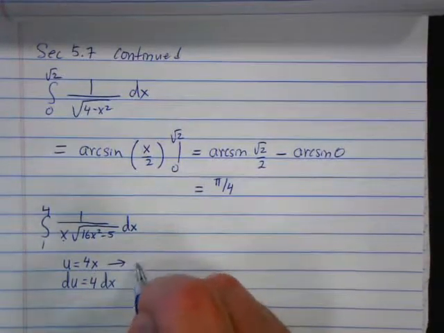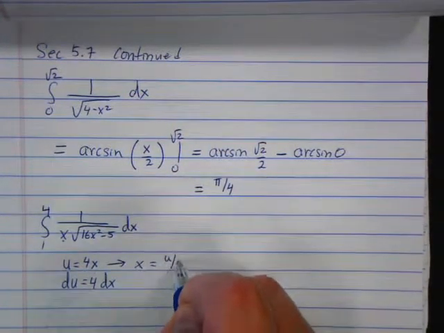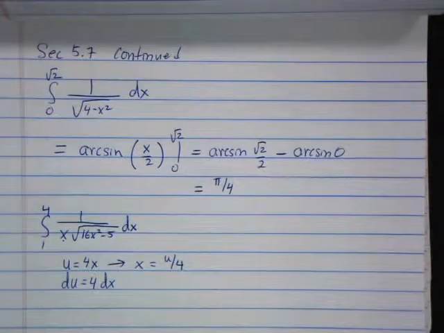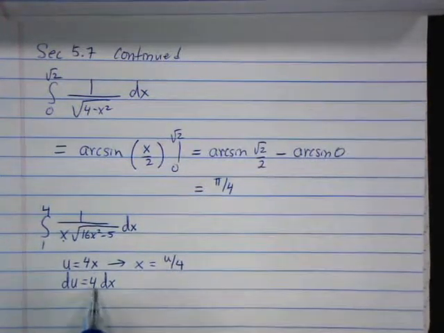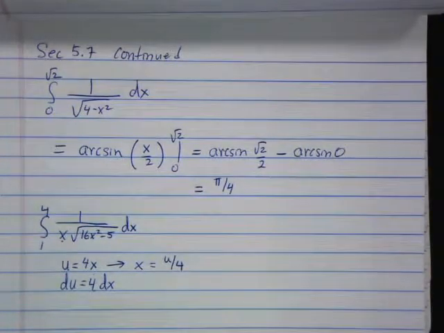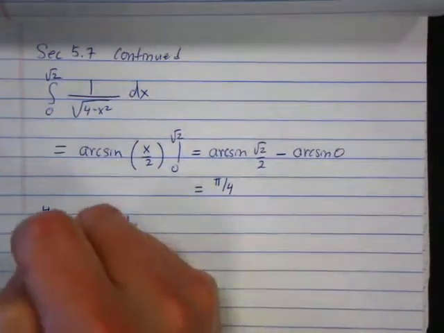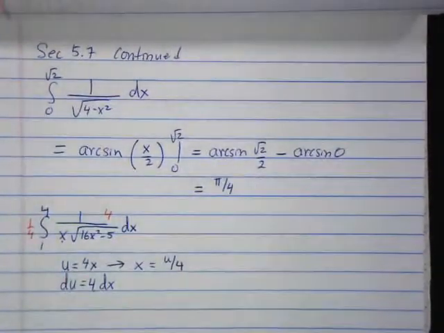So x is u over 4. And because of this 4 here, I need a 4 there and a 1/4 out there.